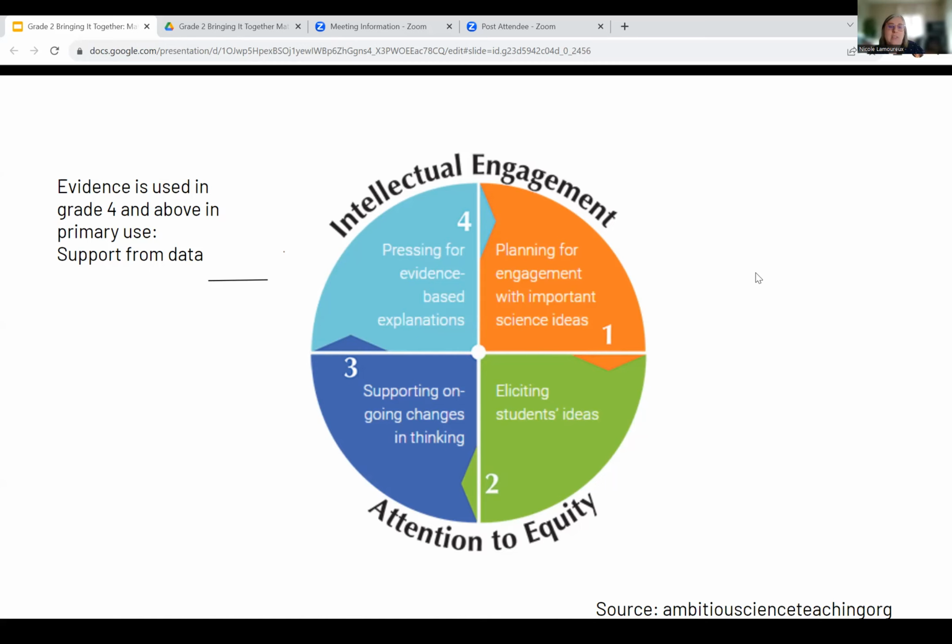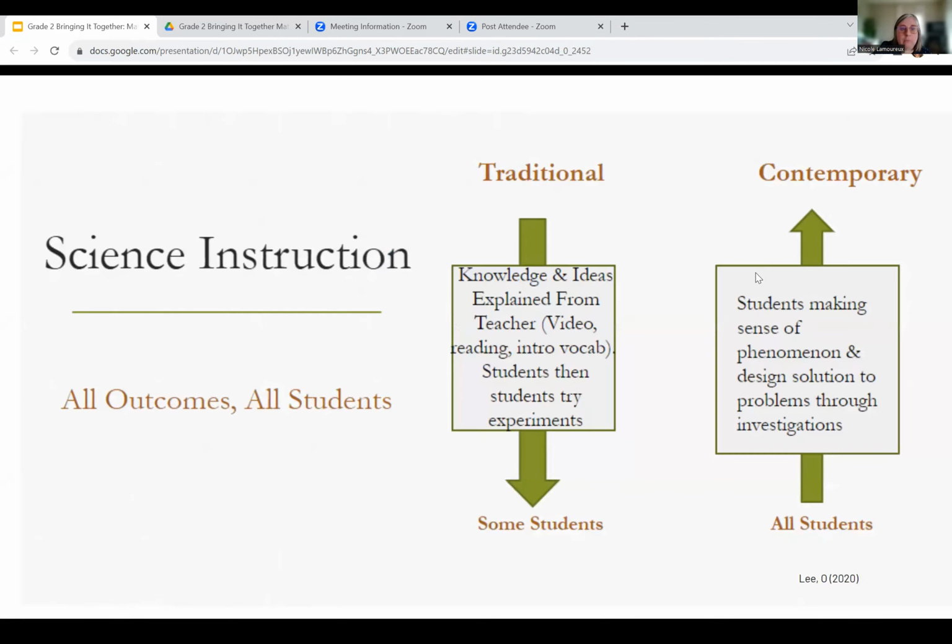And then looking at lesson development as supporting ongoing changes in thinking. And then the students are going to give back to you their understanding through their explanations. Now it says pressing for evidence; in primary, from K to 3, well, grade 1 to 3 really, we look at data. So support from data is the consideration.